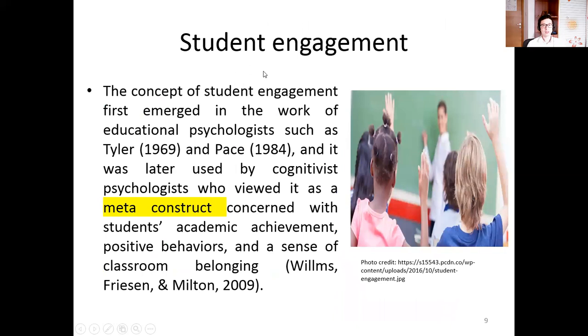Next, student engagement. You may wonder, how is student engagement related to online writing? Well, if you want to produce quality writing, you need to be actively engaged and involved in the writing process. The concept of student engagement first emerged in the work of educational psychologists such as Tyler and Pace.